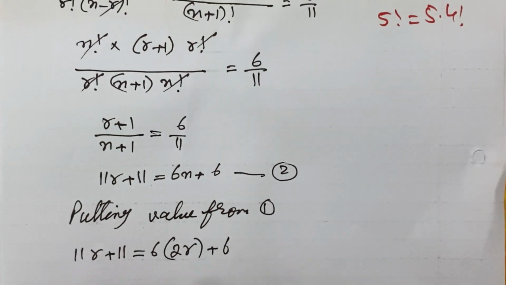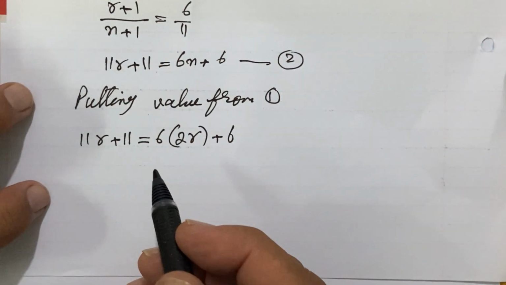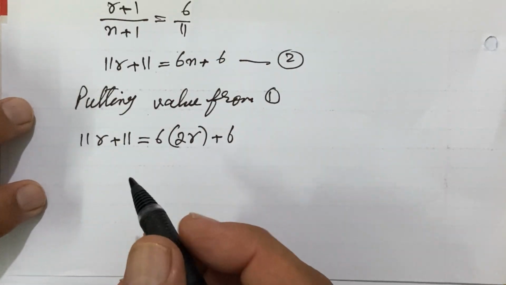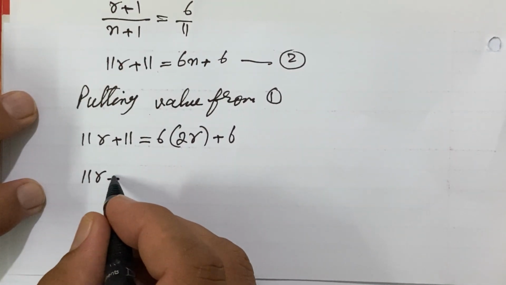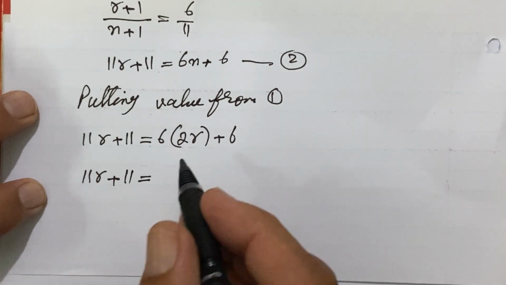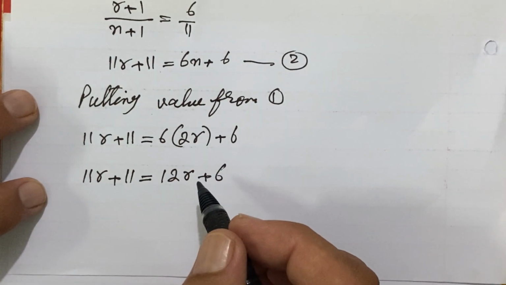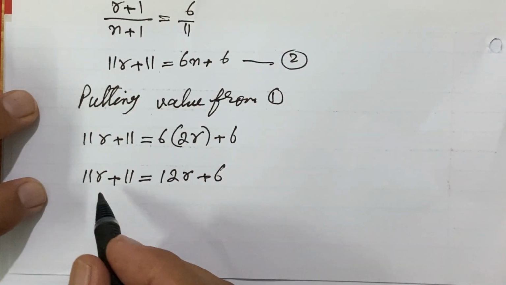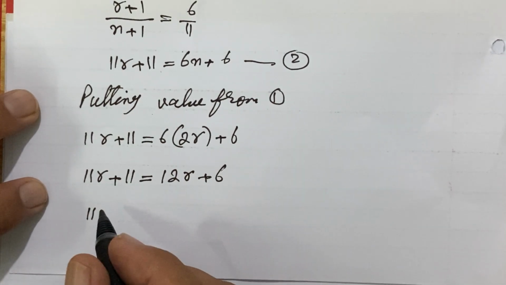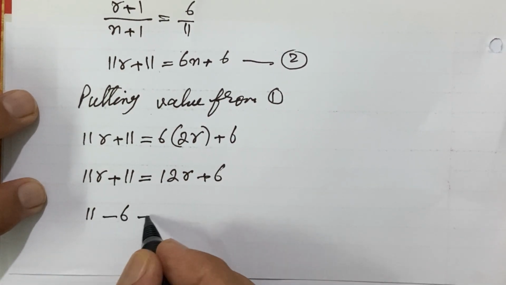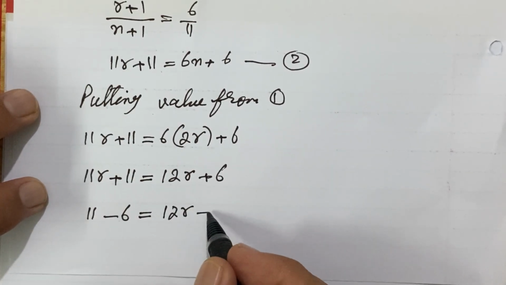Then 11r plus 11 is equal to 12r plus 6. Then 11 minus 6 is equal to 12r minus 11r.